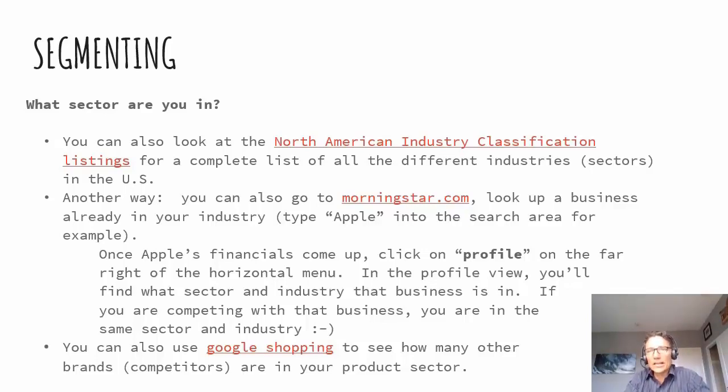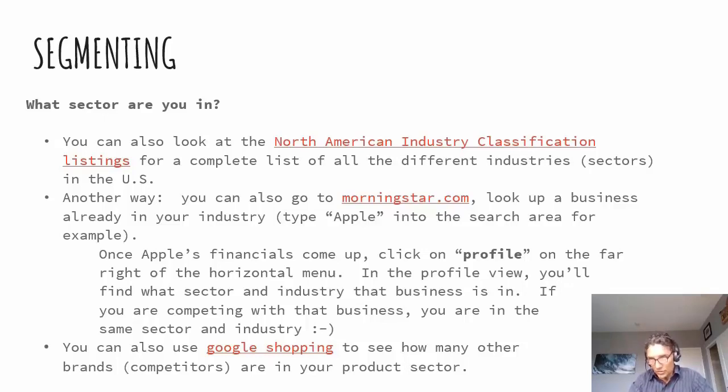The NAIC, the North American Industry Classification listings, it's used by folks when they file taxes, when businesses file taxes. It's a way for the government to track what are all these industries doing? Are they growing? Are they shrinking? Are they making money? Are they losing money? And it's a way for us as marketers to kind of find out what sector we are in. That list is very long and hard to read, the NAIC.